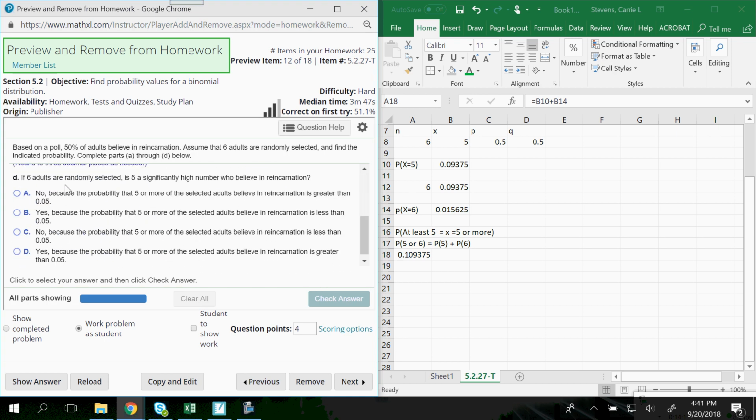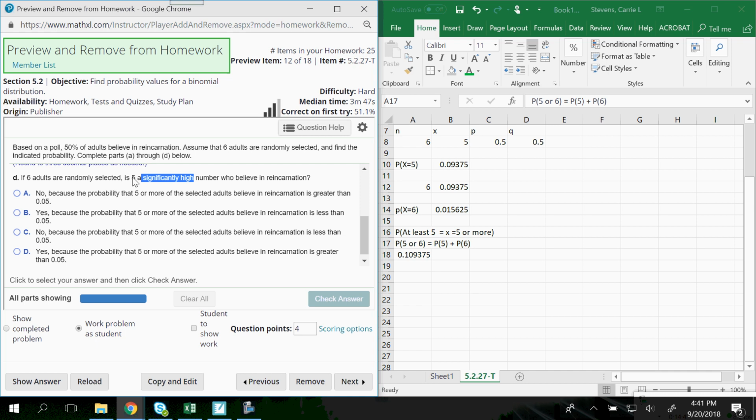Okay, and if 6 adults are randomly selected, is 5 significantly high? If 5 is significantly high, then 6 also is significantly high. So we want to see if the probability of 5 or 6 successes is rare.